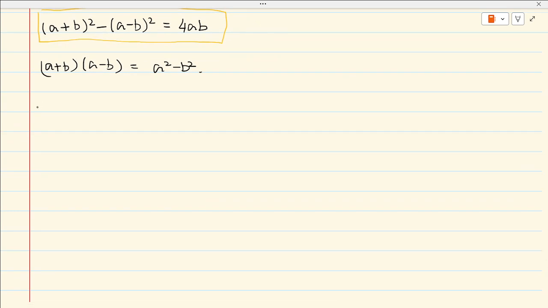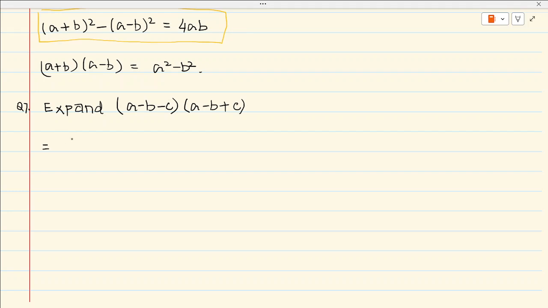Okay, now suppose I'm taking some questions, this is question number 7 or 6, whatever. If we are asked to expand a minus b minus c with a minus b plus c, what will happen?